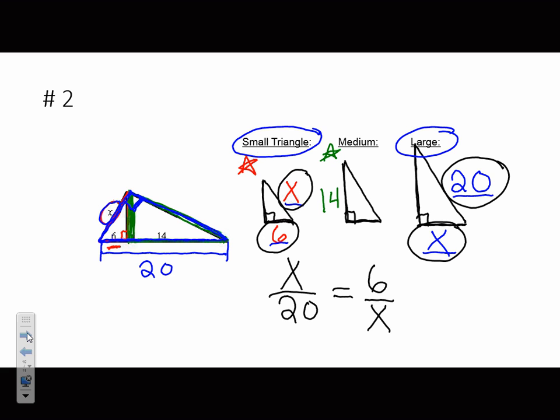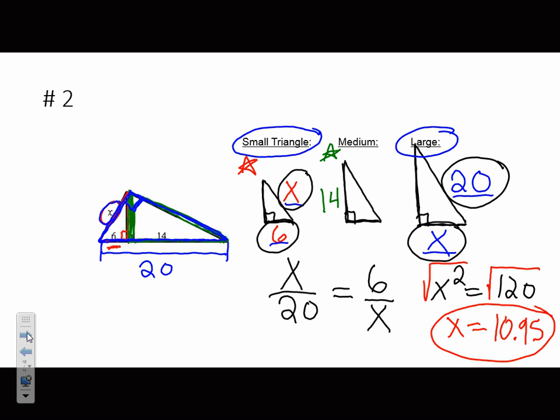So I'm going to get x squared equals 20 times 6, which is 120. And to get rid of this x squared, I'm just going to take the square root. And x is going to equal 10.95. And you can write it as a decimal, and that's just fine. That's how we're going to do one of those.